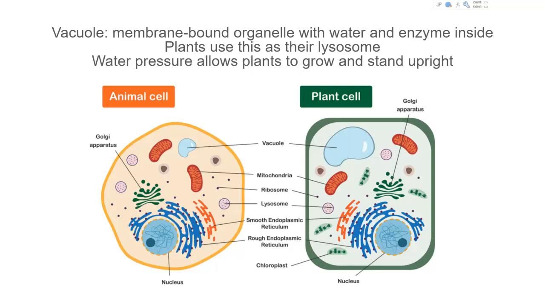There are digestive enzymes and various nutrients inside the central vacuole in plant cells, but the more important function that the central vacuole serves is that it inflates with water, and that water pressure allows the plants to stand up without bones.